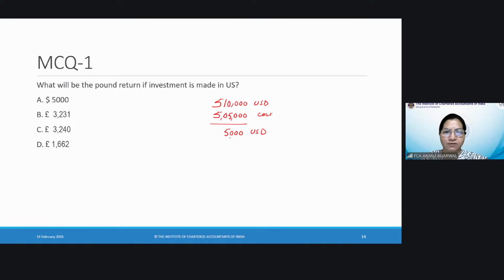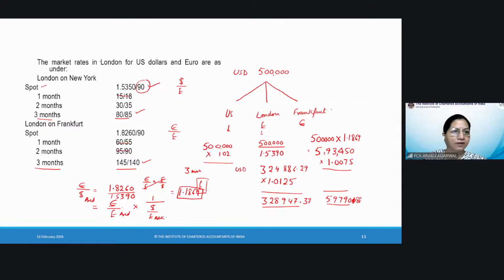Now $5,000, convert it into pounds after 3 months. After 3 months, dollar by pound is 80 and 85, which means the prices are increasing.